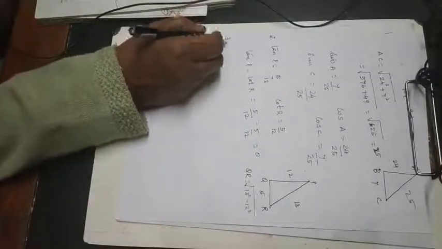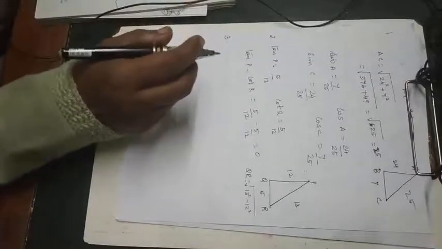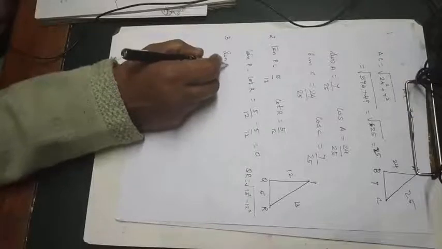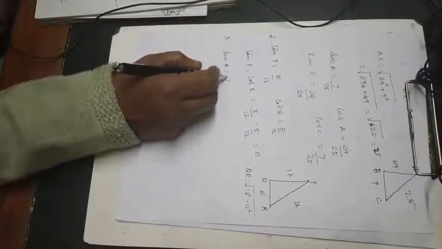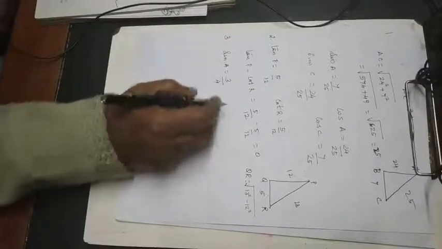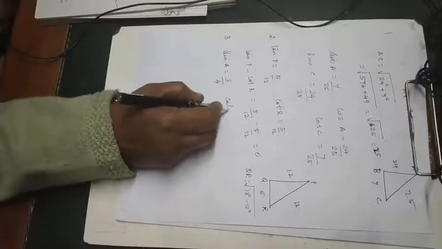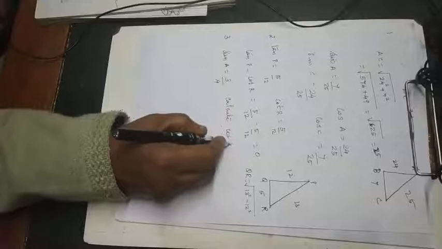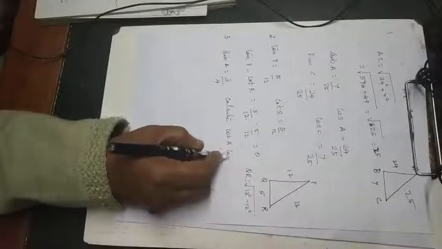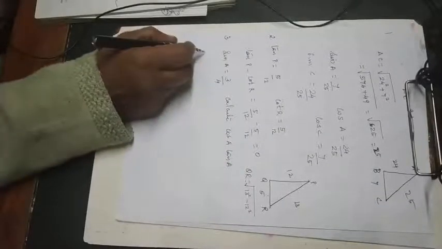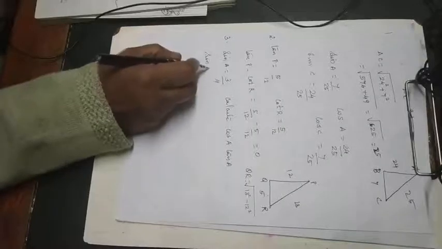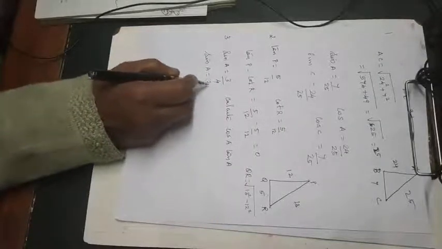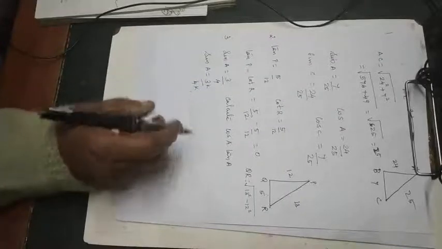Now let us discuss the third one. Sin A is equal to 3 by 4. Calculate cos A and tan A. So sin A is equal to 3 by 4, so you can take that as 3k and 4k.